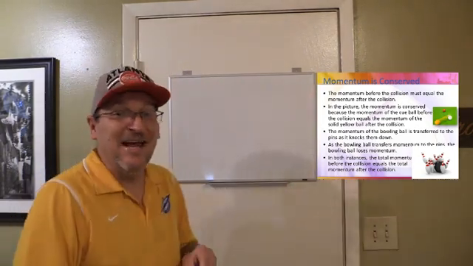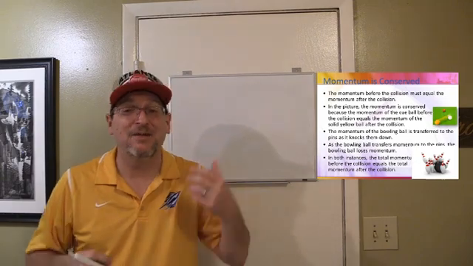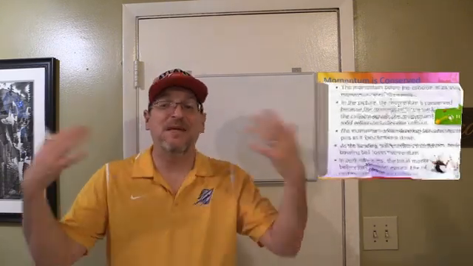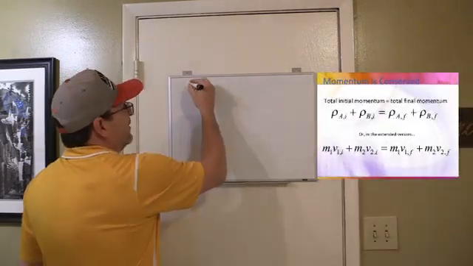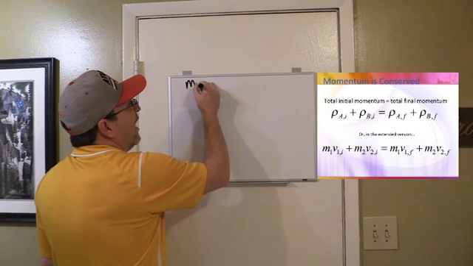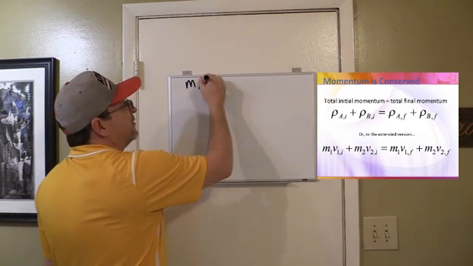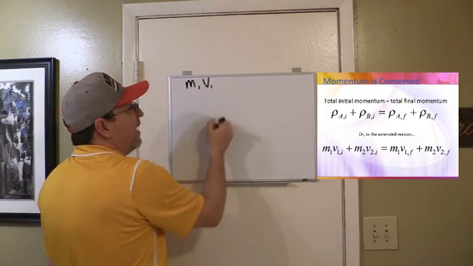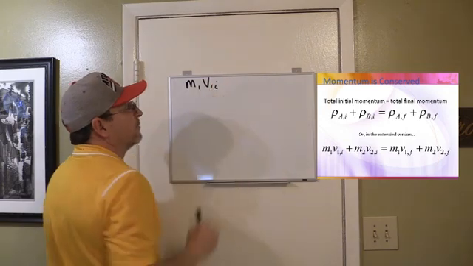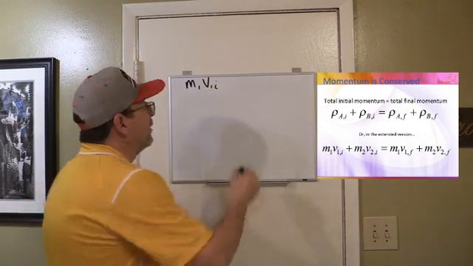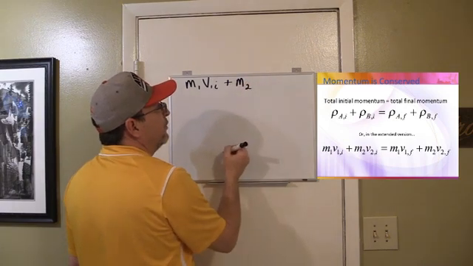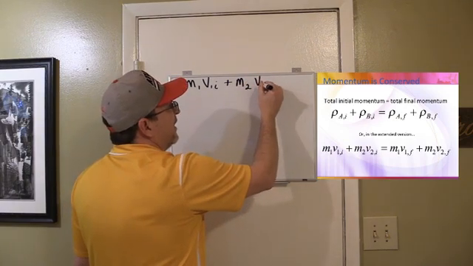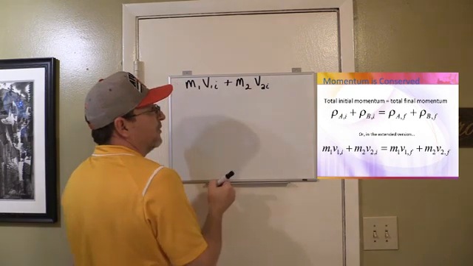All right. The next formula is basically a formula that we've already had, just beefed up some. What we're going to say is the mass of object 1 times the velocity of object 1 initial, this is the starting, plus the mass of object 2 times the velocity of object 2 initial.